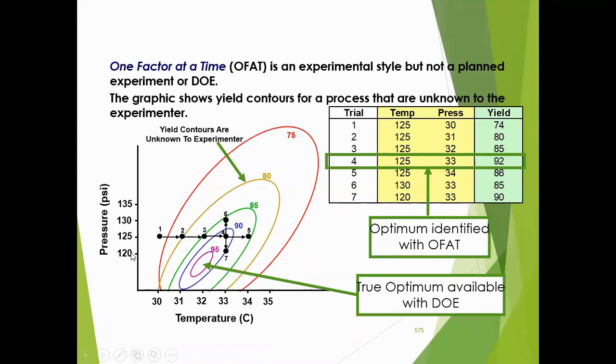For example, I can have pressure as 120 and temperature as 30. I can have 125 as pressure and still have 30 as the temperature. So this could be one combination for me. 130 and 33 can be another combination. So I'll get a point somewhere here.